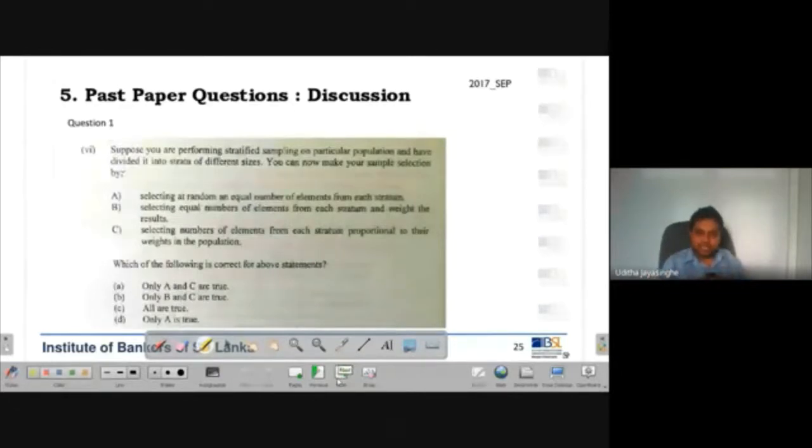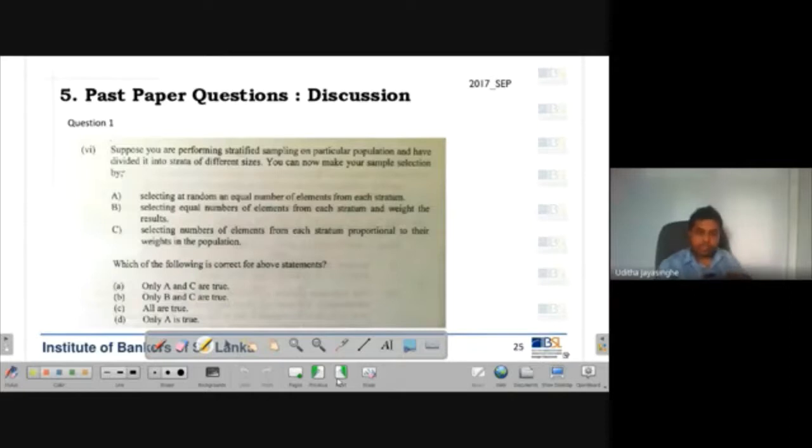17 September, now this is a good MCQ, question number 1, part number 6. Suppose you are performing stratified sampling on a population and have divided it into strata of different sizes. You can make your sample selection by: A, selecting a random or equal number of elements from each stratum. Okay, now here, hold on.